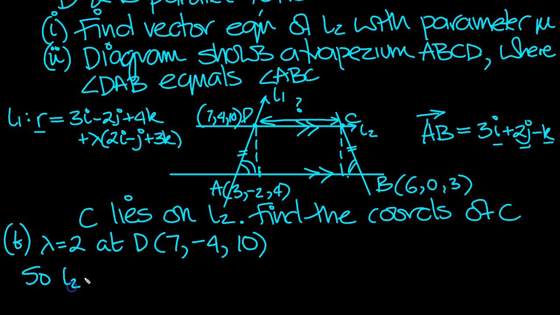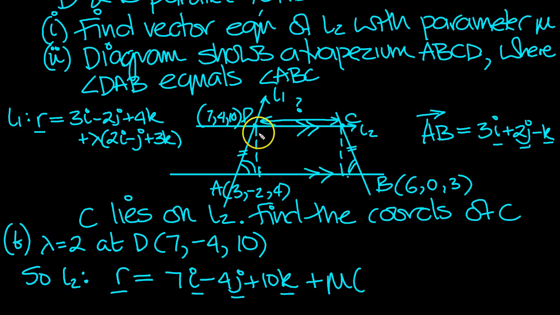L2 as a line: r is equal to the coordinates of D, 7i minus 4j plus 10k, plus mu, using the parameter mu, times a directional vector parallel to AB, which is 3i plus 2j minus k. There we go, there's our line L2.